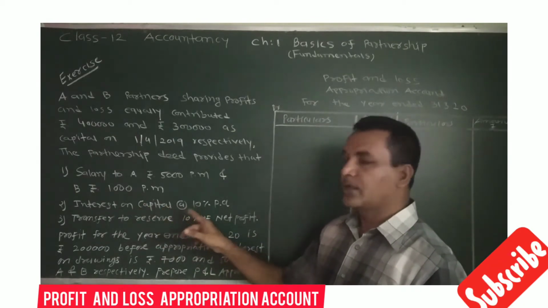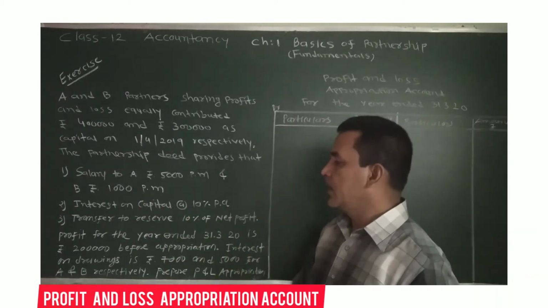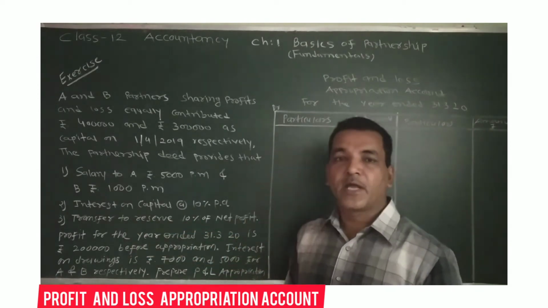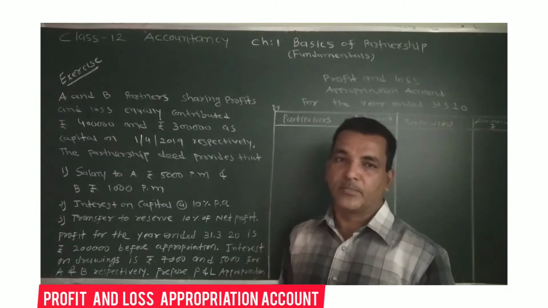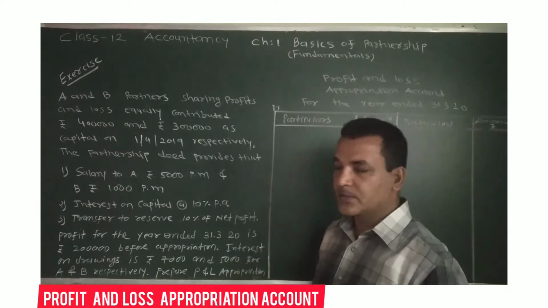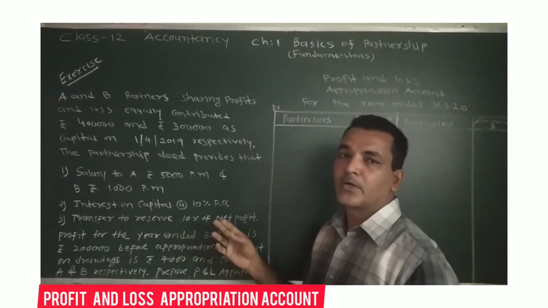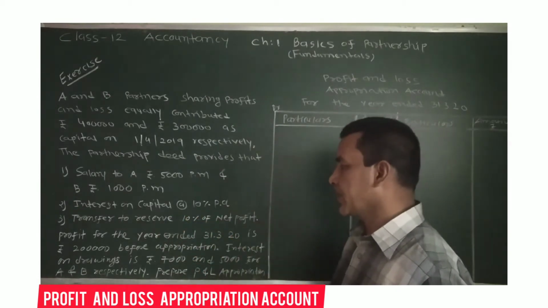Interest on capital at 10% per annum. Transfer to reserve 10% of net profit. So these three items are given in the partnership deed: salary to partners, interest on capital to partners, and transfer to reserve of 10% of net profit.